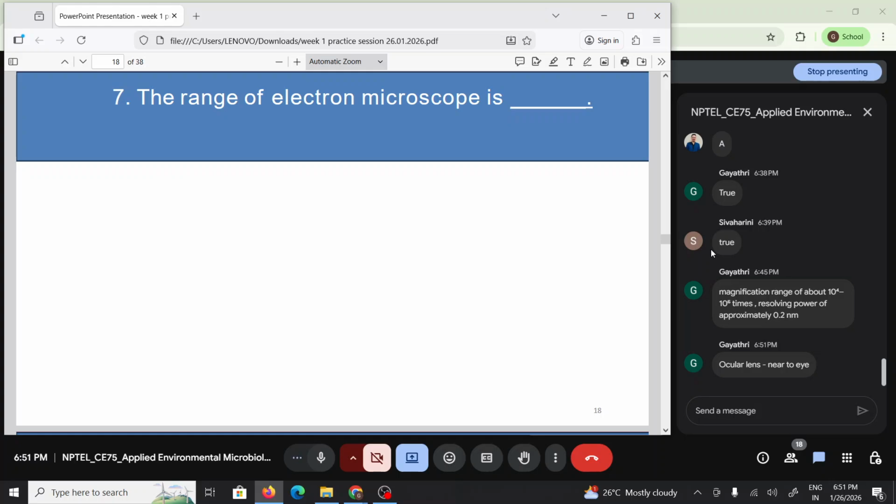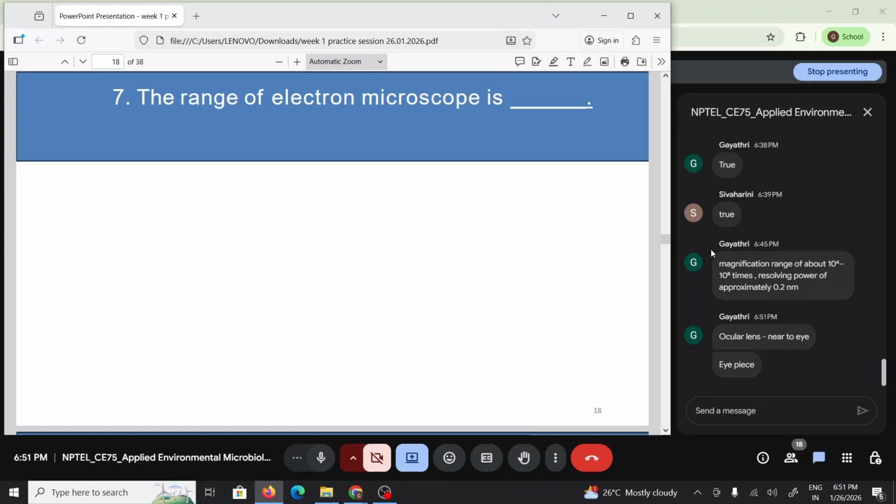right. So ocular lens is near to the eye, or the lens through which you see into the image is the ocular lens, and the lens that is focused to the object is known as the objective lens. Okay, the object under examination is facing a lens called the objective lens.